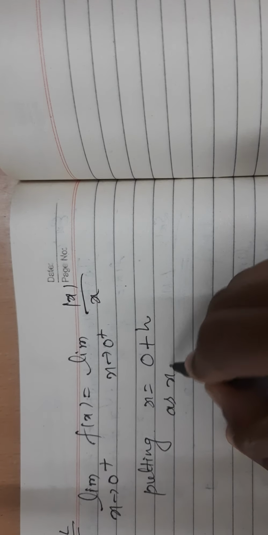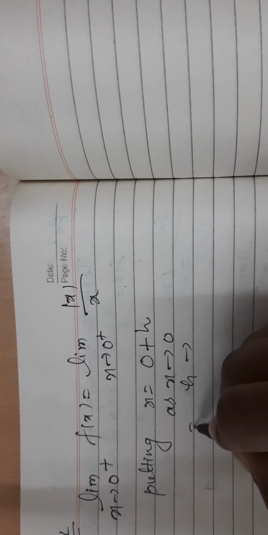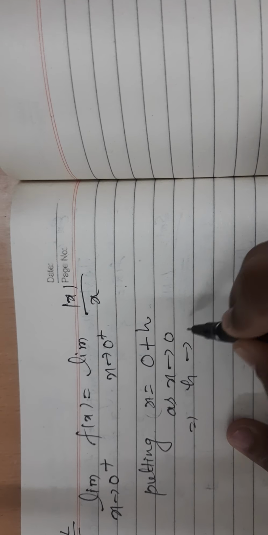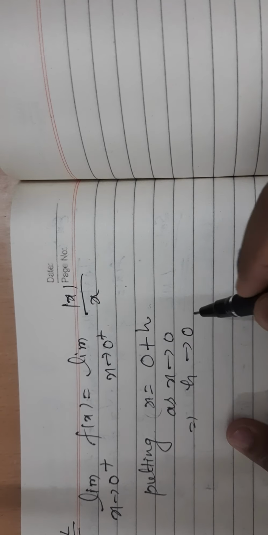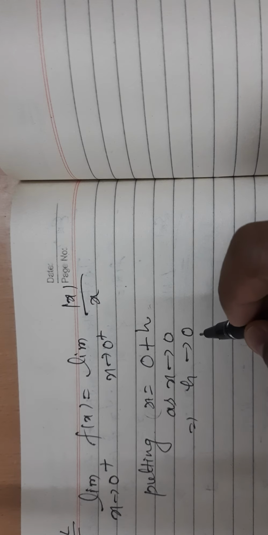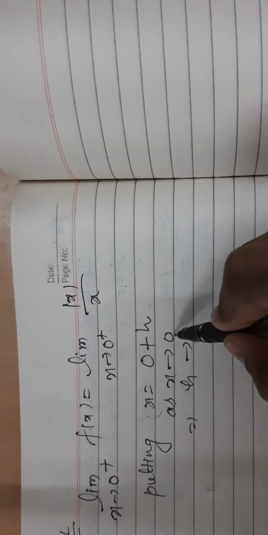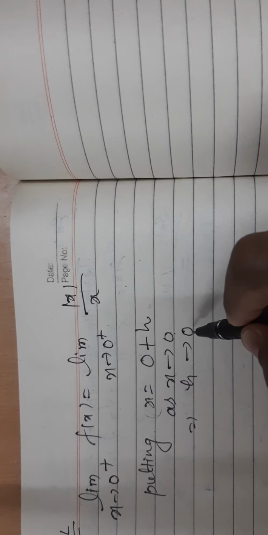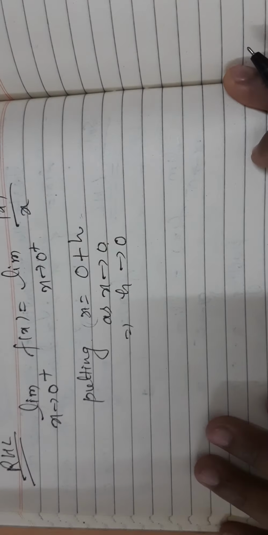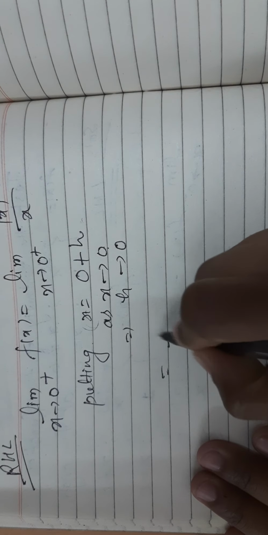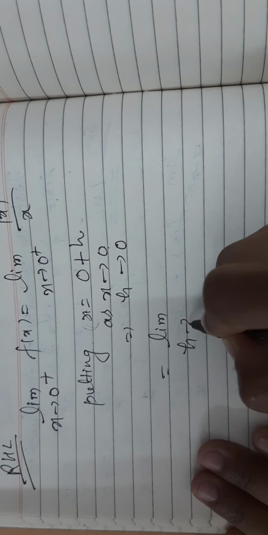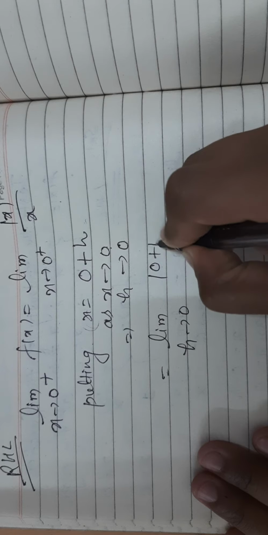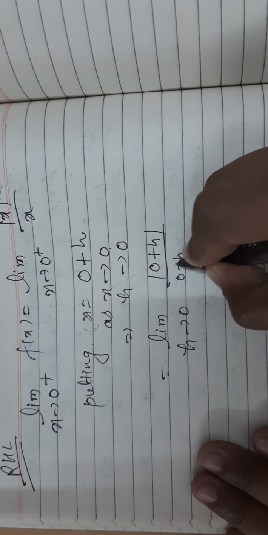As x is tending to 0, when we put x equals 0, what will be the value of h? It will also come 0. It's not necessary that when x is tending to 0, h also tends to 0; it may differ. So we will rewrite the question: limit h tends to 0, mod of 0 plus h by 0 plus h.